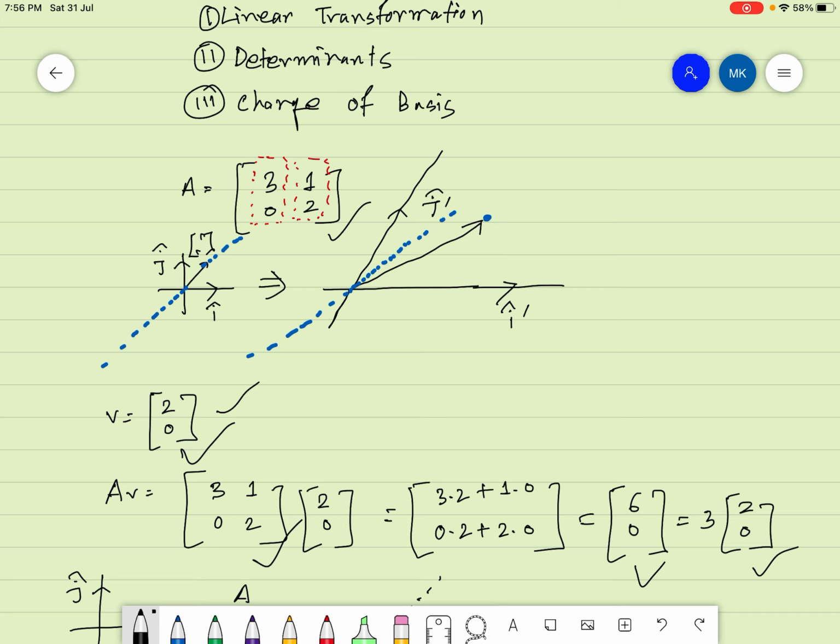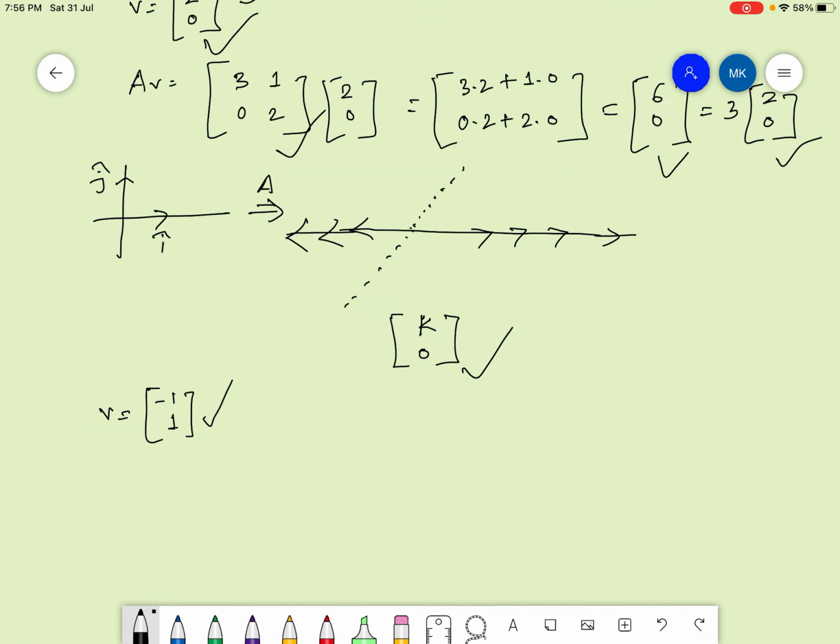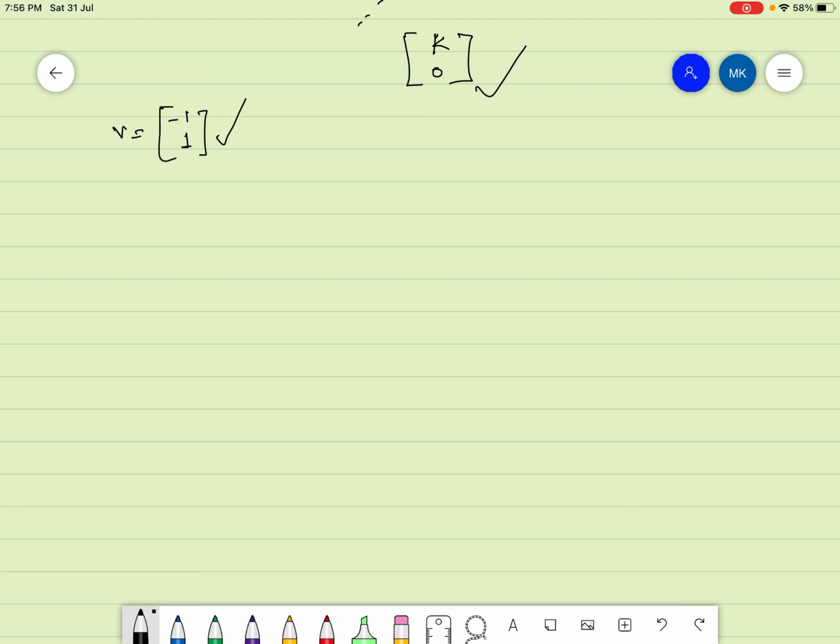So the vectors that stay on the same span after linear transformation are called eigenvectors. So what are really eigenvectors? Eigenvectors are vectors that stay on the same span after transformation.